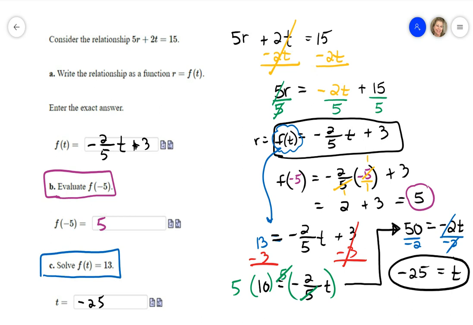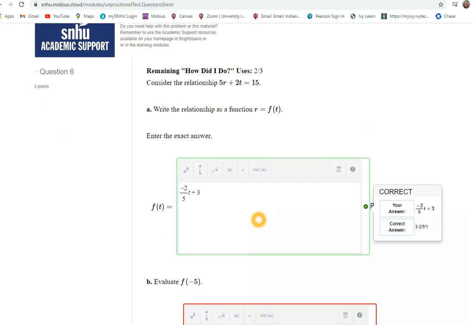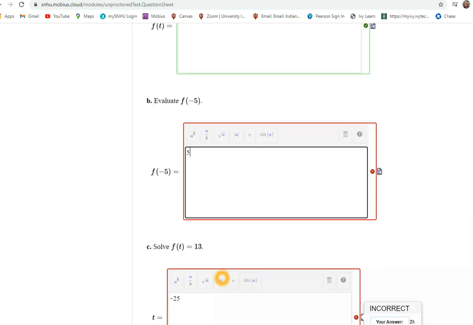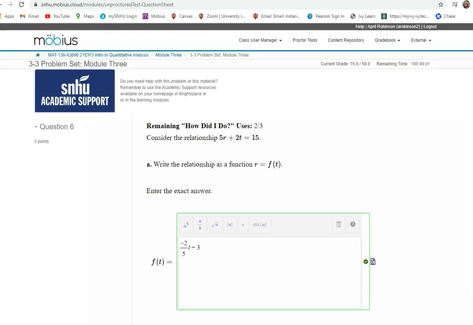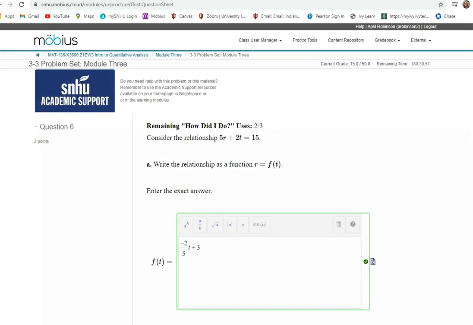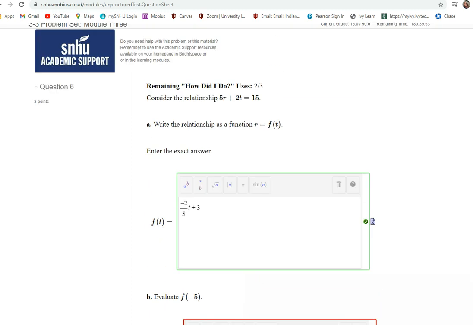So I'm just going to go back to Mobius. And, whoops. I had typed this in earlier, and I need to fix it now. Sorry, I was messing around with it earlier. This was 5, and this was -5, and how did I do? I'm not sure what happened here.